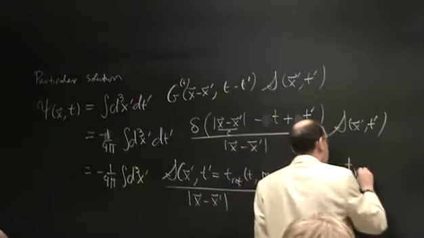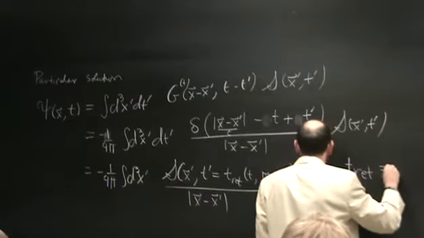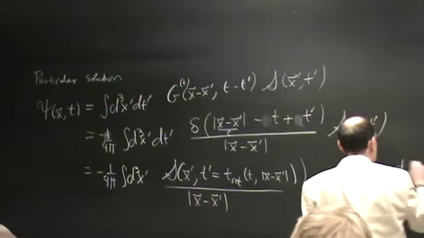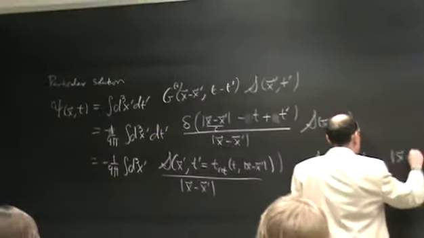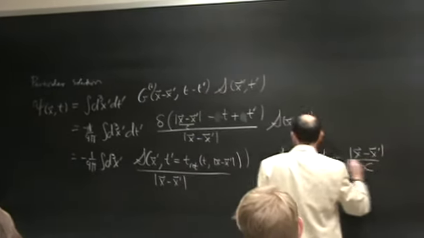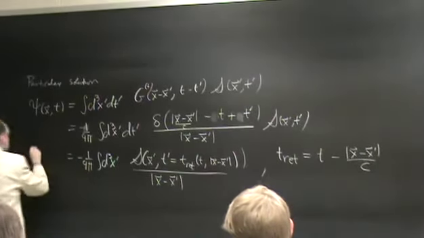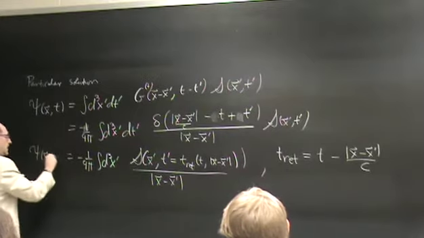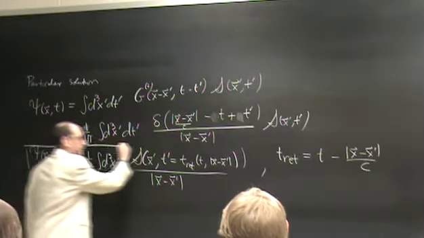So I have defined the retarded time as t minus the magnitude of x minus x prime over c. And this is a very important solution.